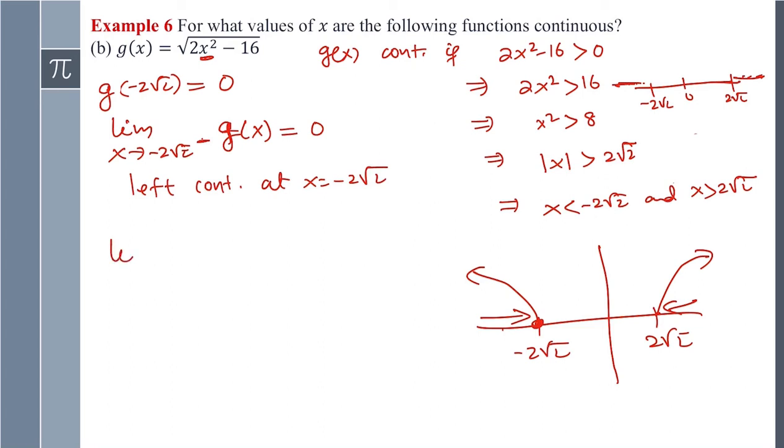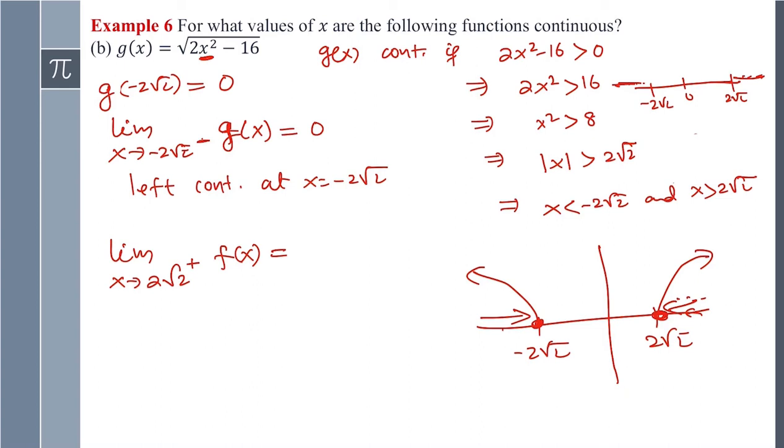Similarly, if we find the limit as x approaches 2 square root of 2 from the right, we get the same thing. When we approach there from the right, those numbers are larger than 2 square root of 2. So when we plug it in here, we don't get a negative number.